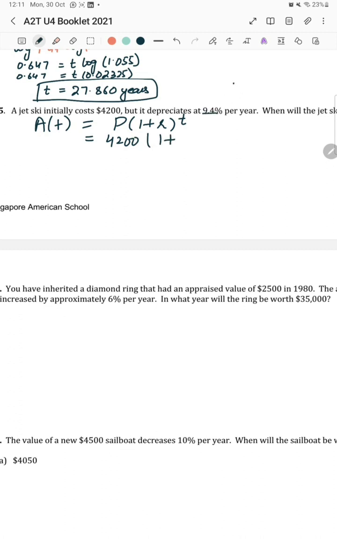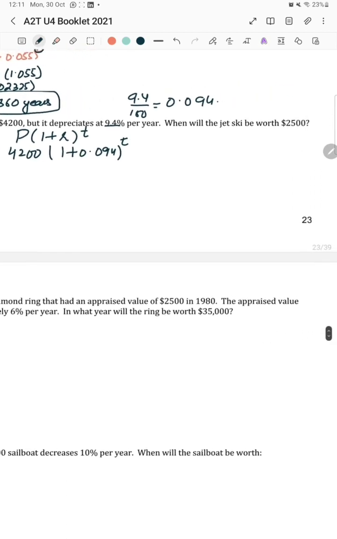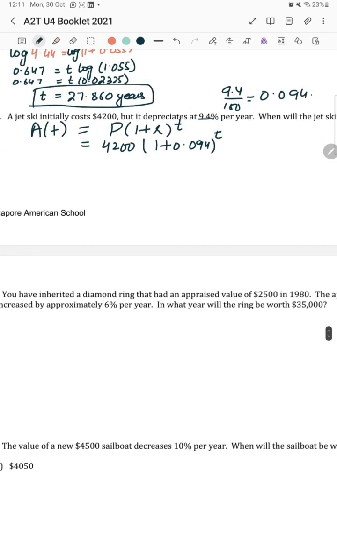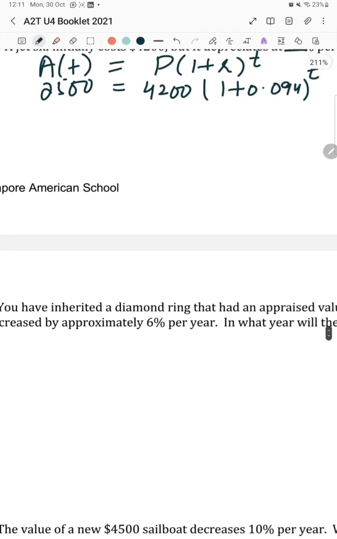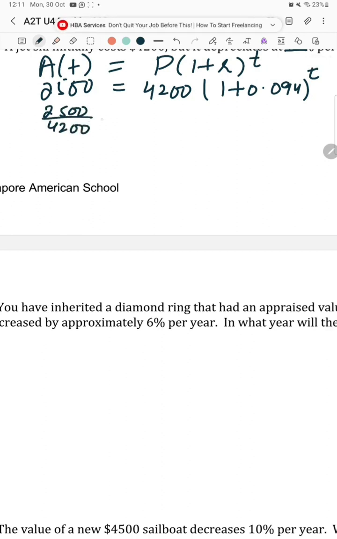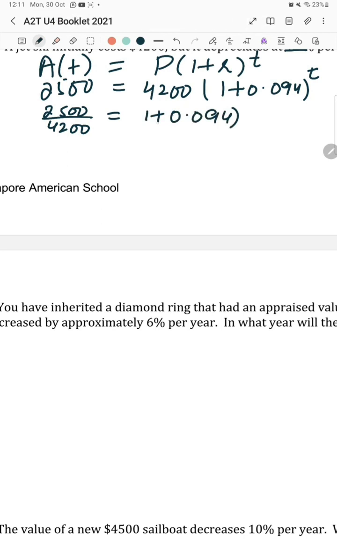Nine point four divided by 100, which is equal to 0.094, to the power t, and it will be worth 2,500. So again 2,500 divided by 4,200 is equal to 1 minus 0.094 to the power t.